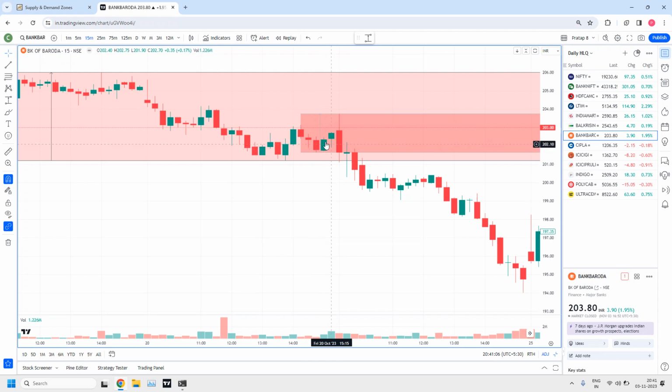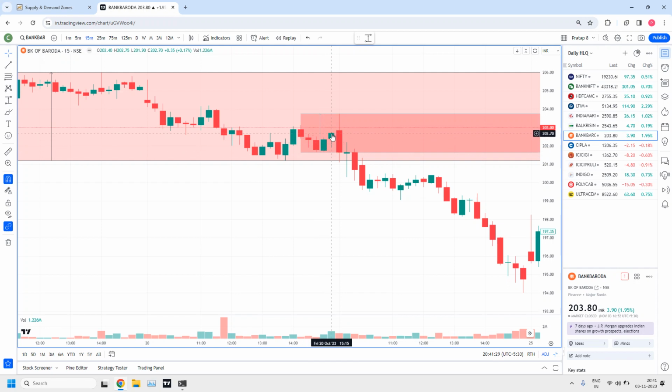It looks like a rally candle, but they're all small, small candles. Small candles are always NRC candles, narrow range candles. That is what I explained in the first training video.